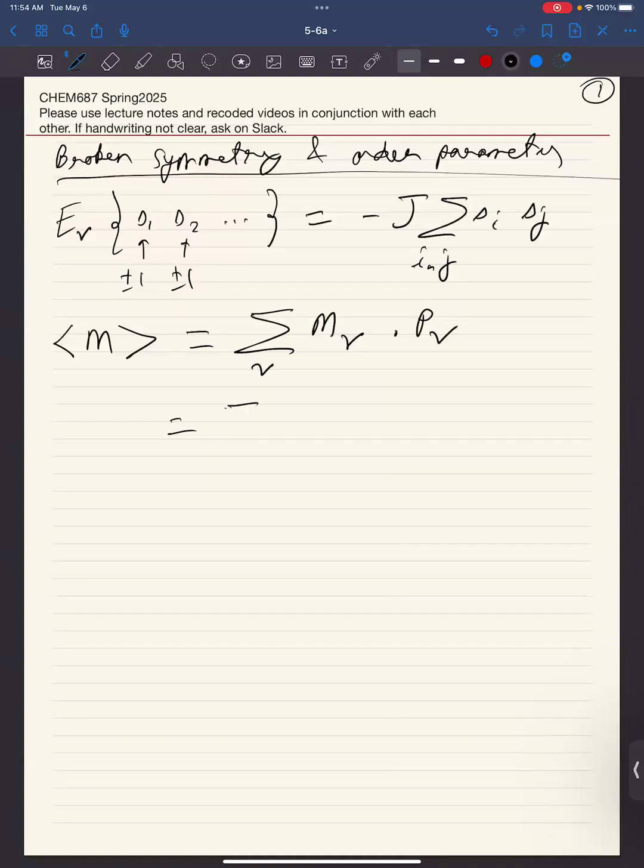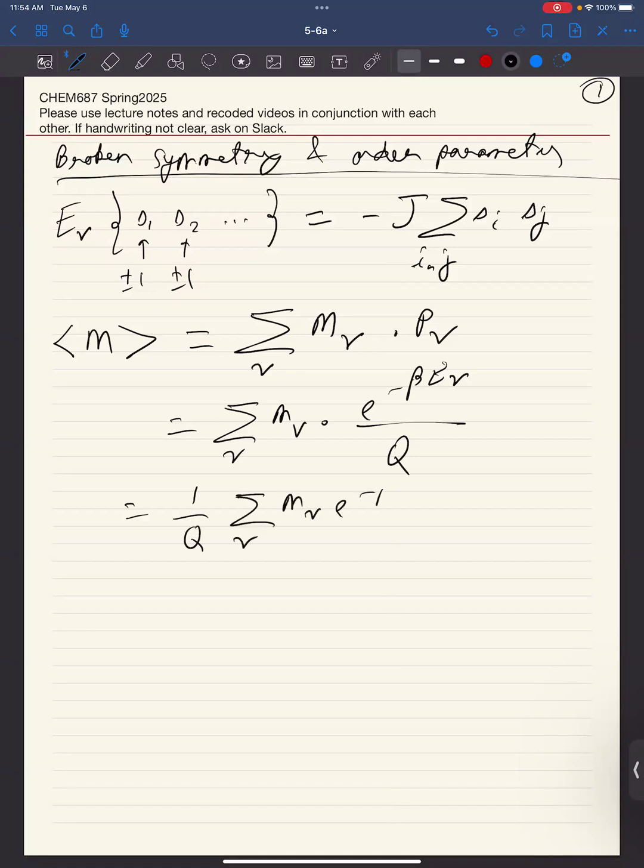So our P_nu will be given by e to the power minus beta E_nu divided by some partition function Q, which is the summation of e to the power minus beta E_nu. The point being that Q comes outside the summation. So we go to every microstate, we do M_nu, e to the power minus beta E_nu. Okay, good. So let's call this equation 1.